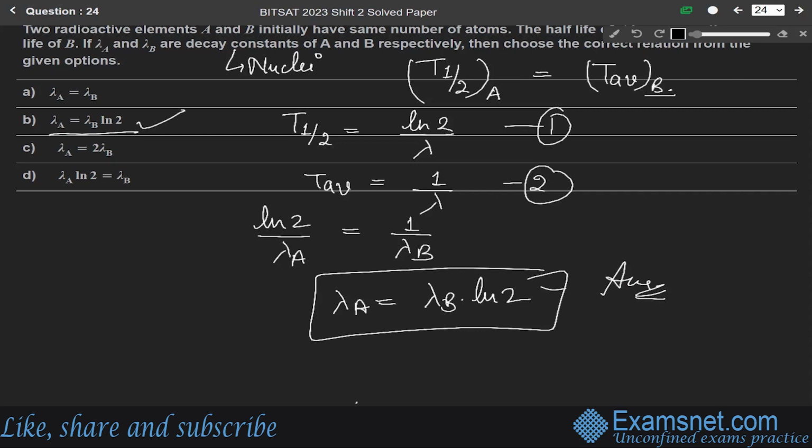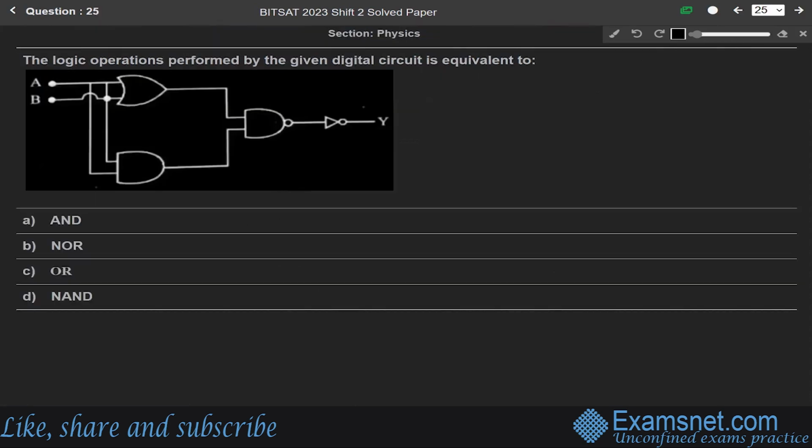Okay. Now next question, 25. The logic operations performed by the given digital circuit is equivalent to. Basically we have to find the output Y, whether it is an AND gate, NOR gate, OR gate, or NAND gate. So this question is from the chapter of electronic devices.